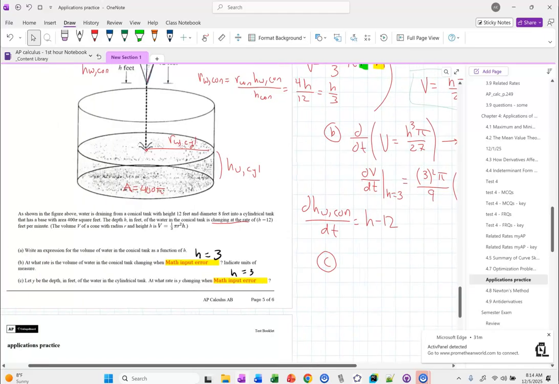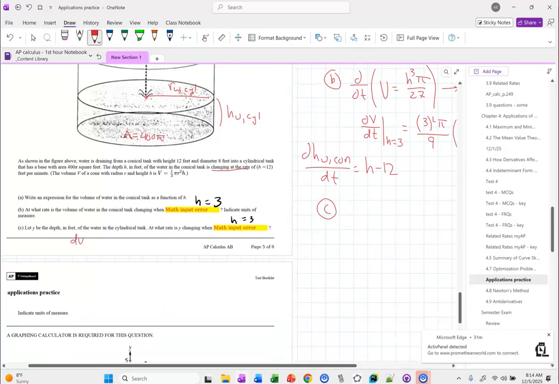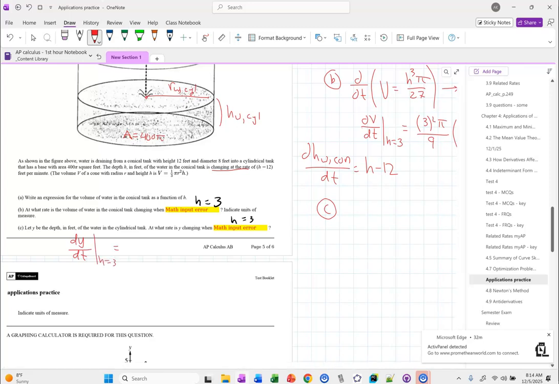C says, let y be the depth in feet of the water in the cylindrical tank. At what rate is y changing when h is equal to 3? So we want dy dt when h is equal to 3.